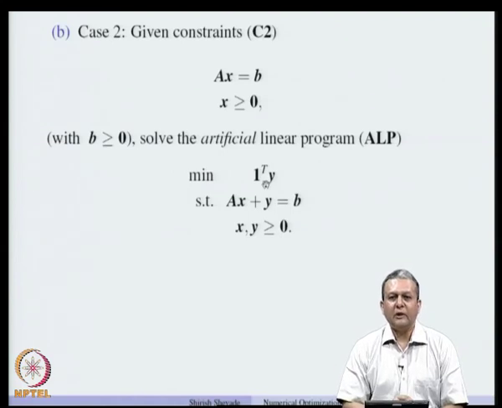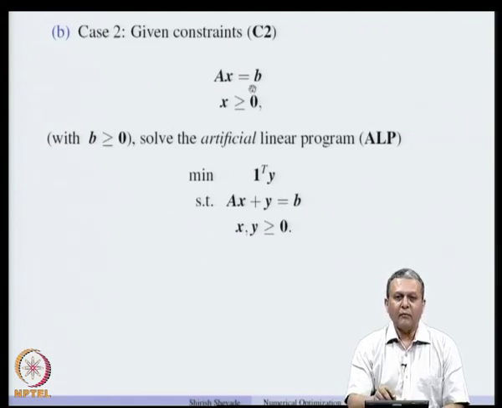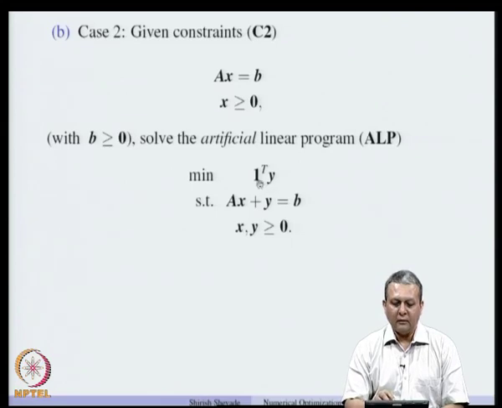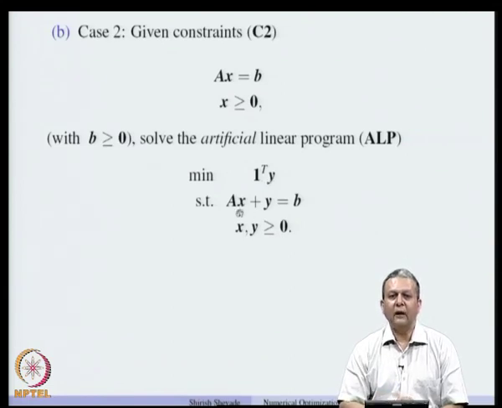So, this is an artificial linear program that one needs to solve, and if the original system had a solution, then the optimal objective function value of this will be 0. Which means that all y's are zeros, and we get x which satisfies this.